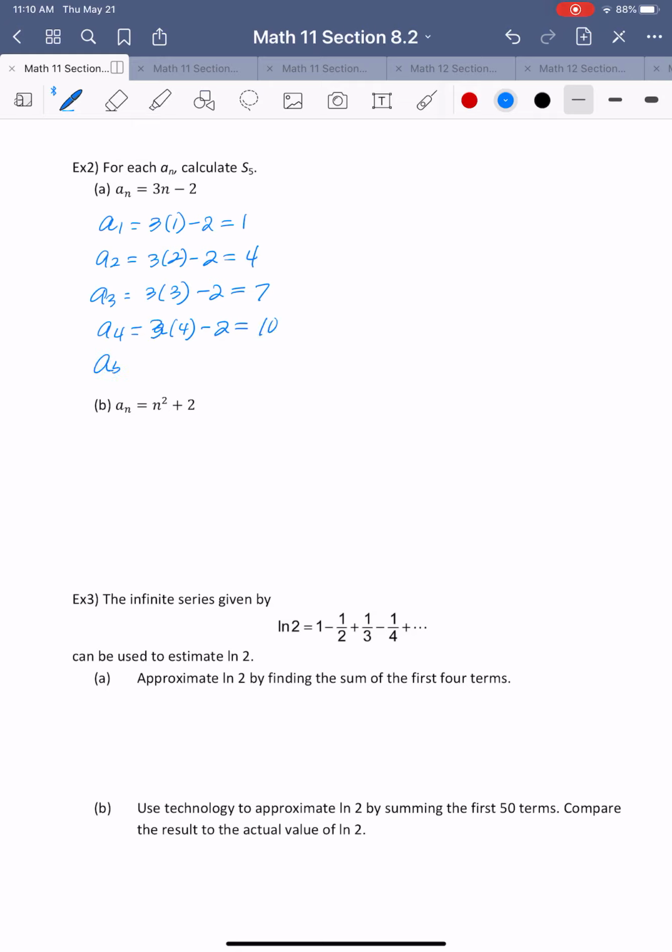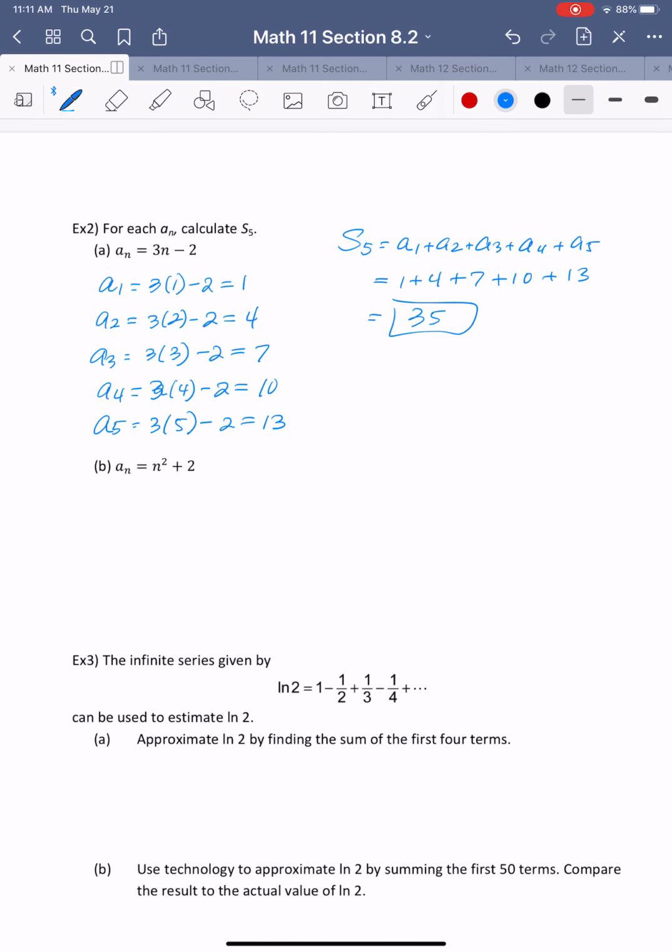And then the fifth term is 13, okay? So now what is S sub 5? It means adding the first, second, third, fourth, and fifth terms together, which is 1 plus 4 plus 7 plus 10 plus 13, which comes out as 35.